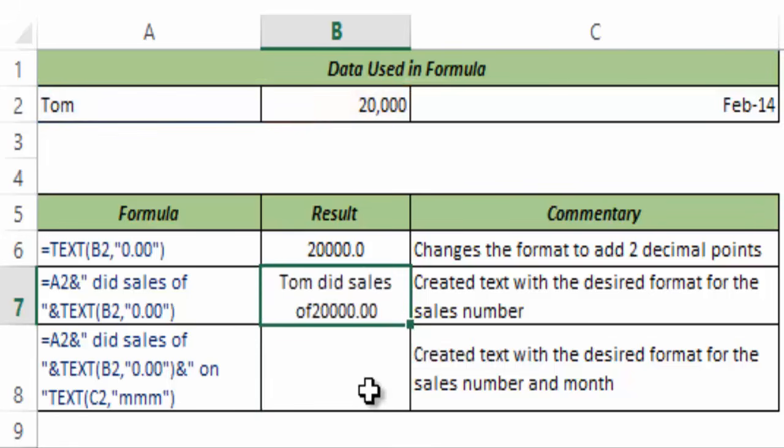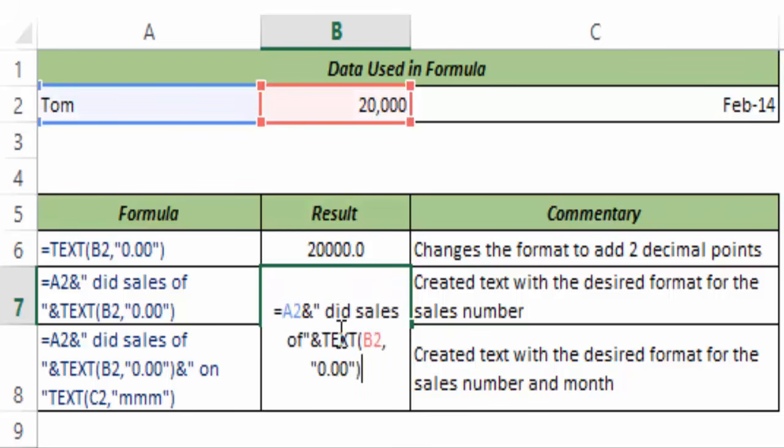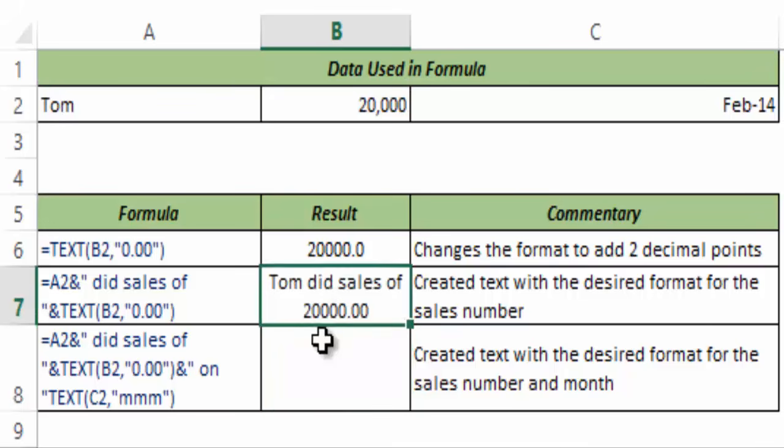And you can see here it gives the text Tom did sales of 20,000 with 2 decimal zeros. Let me introduce a space here so it looks better. So here you have the text where it has added a sentence or text to the value, and the value is in the format that you specified.